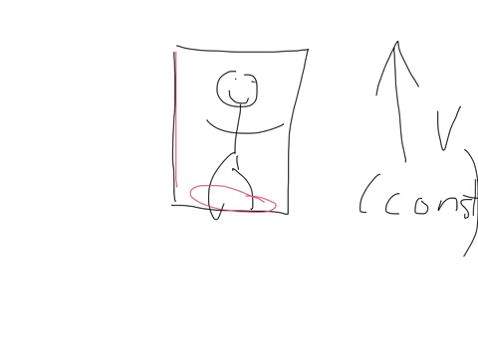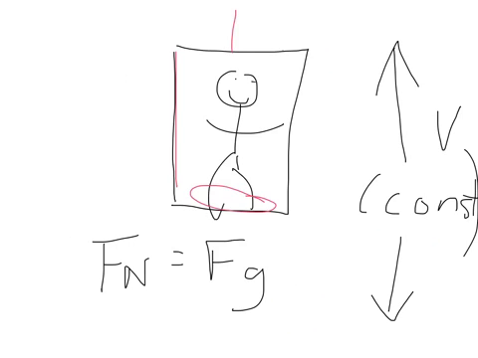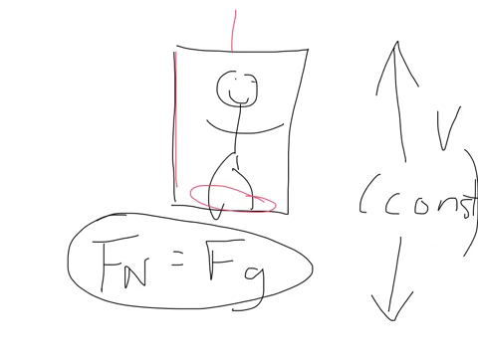So this is just like the case where they were standing still. So in this case here, I could say Fn equals Fg. And this is also true if the elevator were moving downward with constant velocity. In either case, this relationship would hold true.